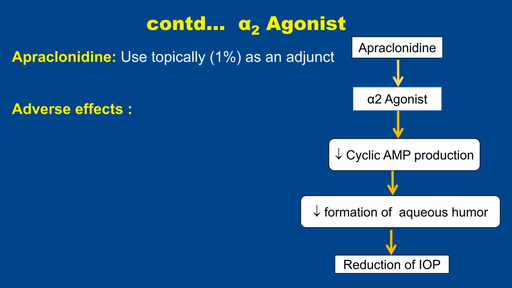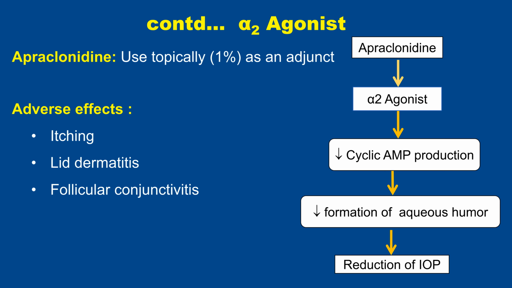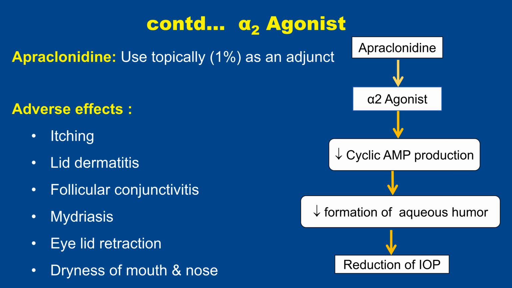They decrease the IOP by 25%. They also contribute certain adverse effects, including itching, dermatitis, follicular conjunctivitis, mydriasis being an adrenergic agonist, and eyelid retraction, dryness of mouth and nose.